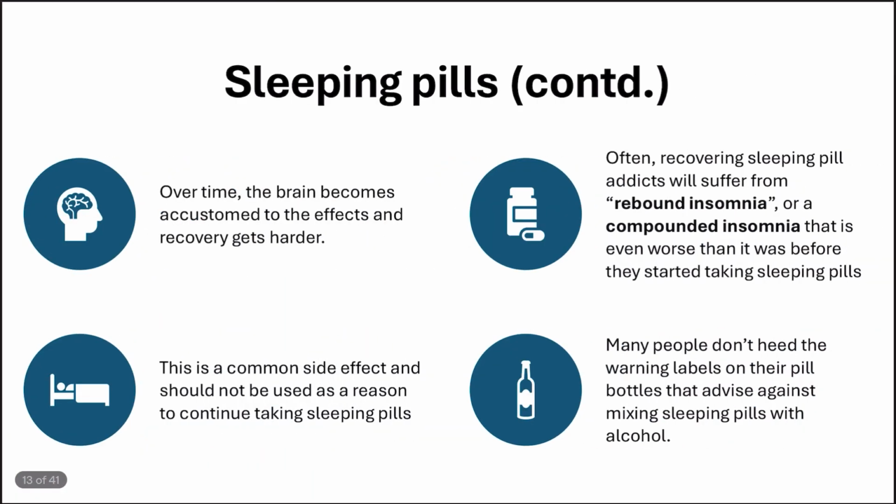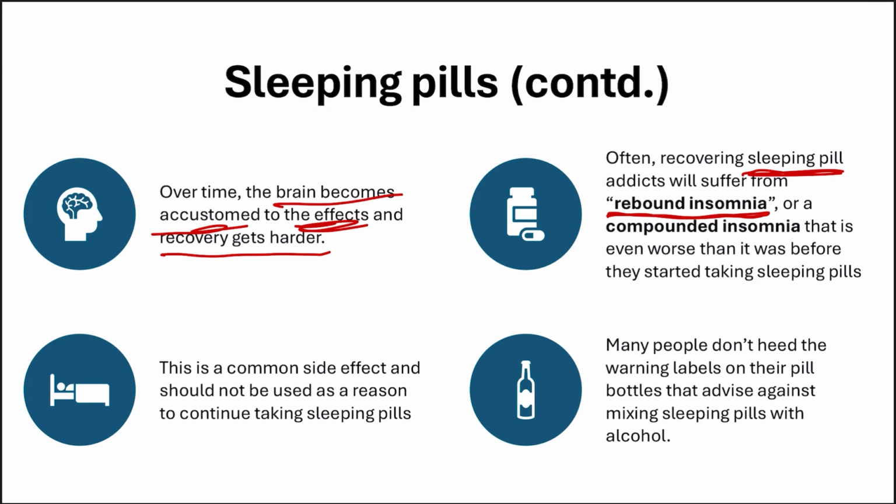Now continuing with the sleeping pills. Over time, when the individual is taking sleeping pills continuously, the brain gets accustomed to this effect, and then recovery gets harder. Whenever an individual who is addicted to the sleeping pill tries to recover, that is, stops using the sleeping pills, the individual will suffer from something called rebound insomnia.